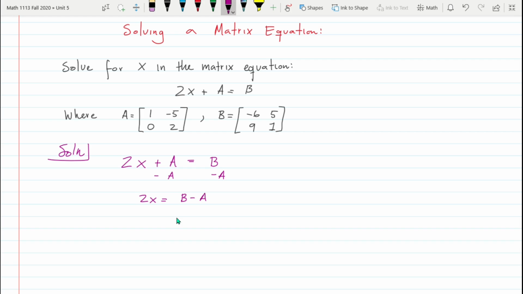Then how can I get rid of that 2 that is attached to the x? Well, multiply both sides by the reciprocal, 1/2. Then I'm left with x equals 1/2 times b minus a.